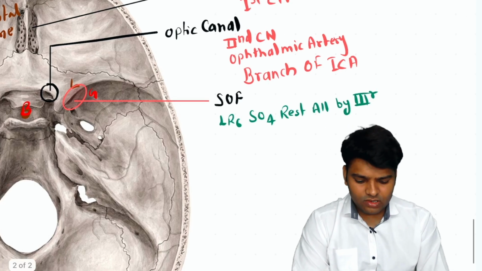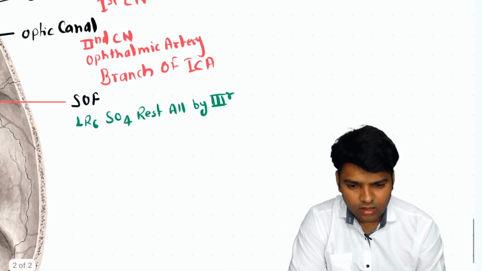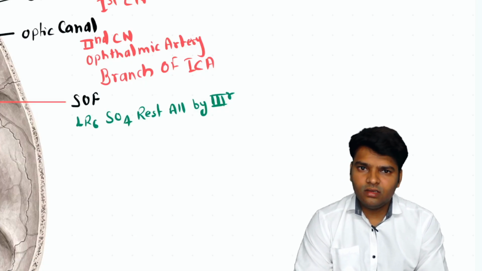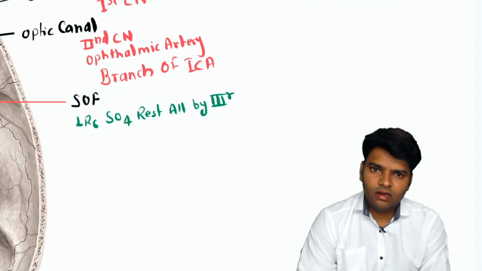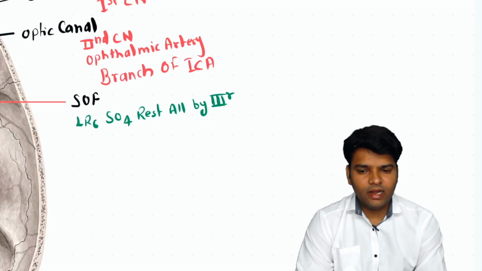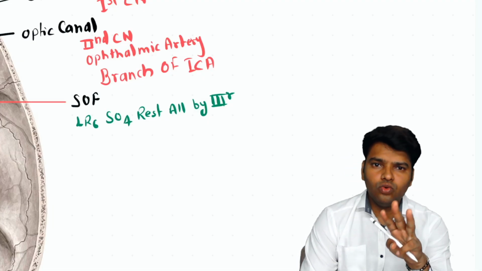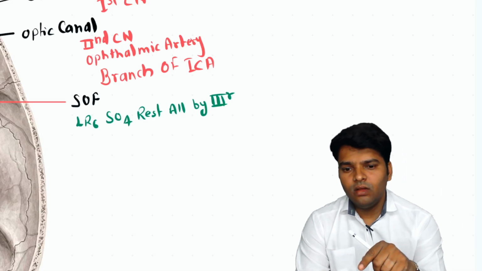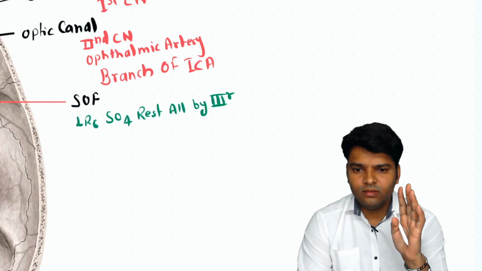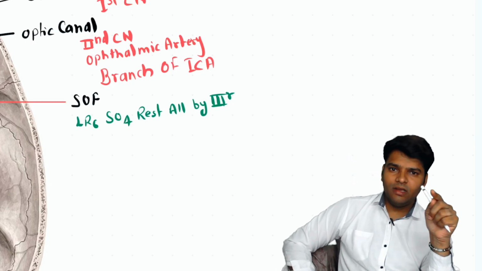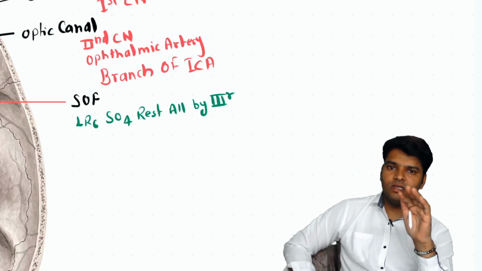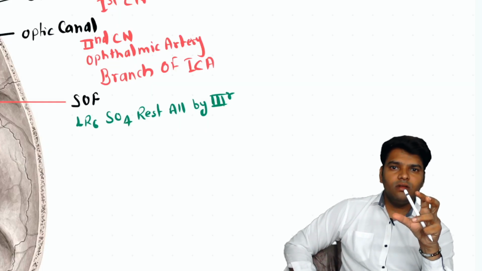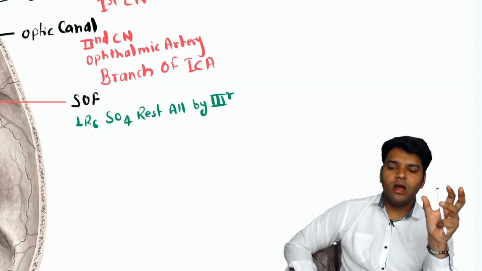Six extraocular muscles mean superior rectus, inferior rectus, lateral and medial rectus, and two oblique muscles, superior oblique and inferior oblique. These six extraocular muscles help to move the eyeball.